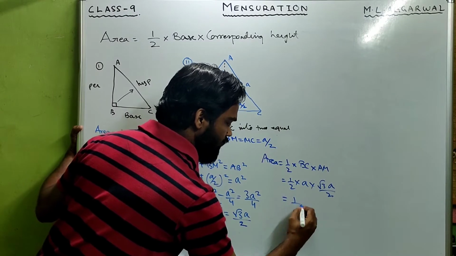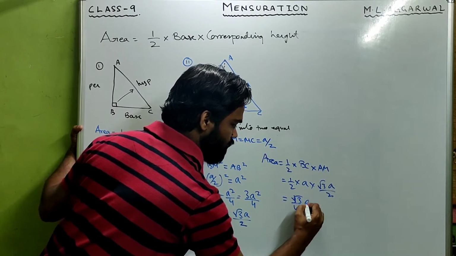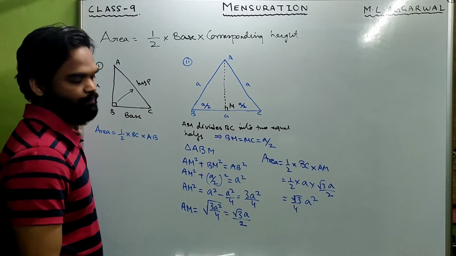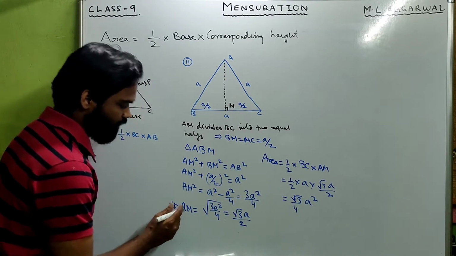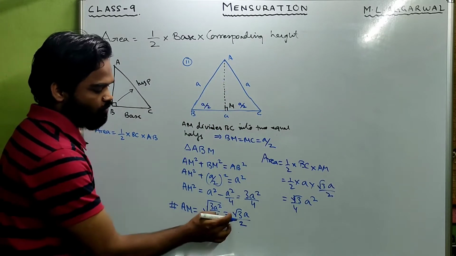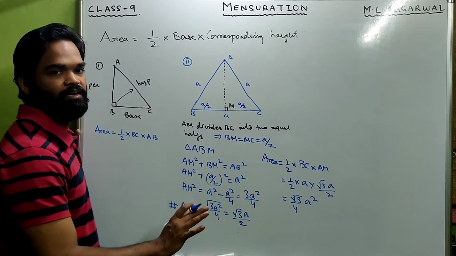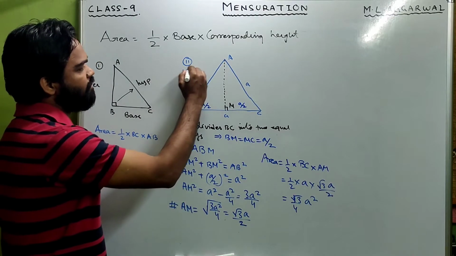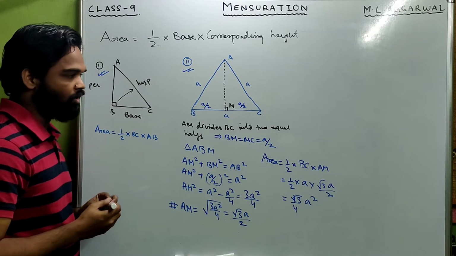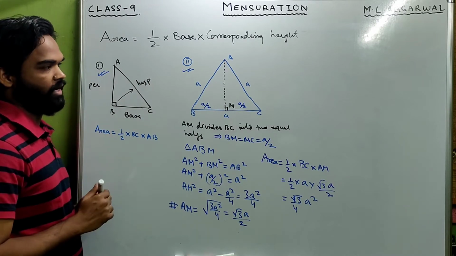Which means area will be root 3 by 4 multiplied by A square. And the altitude in case of an equilateral triangle will be root 3A divided by 2. So that's the right angle triangle, equilateral triangle. Now let us see isosceles triangle, okay.